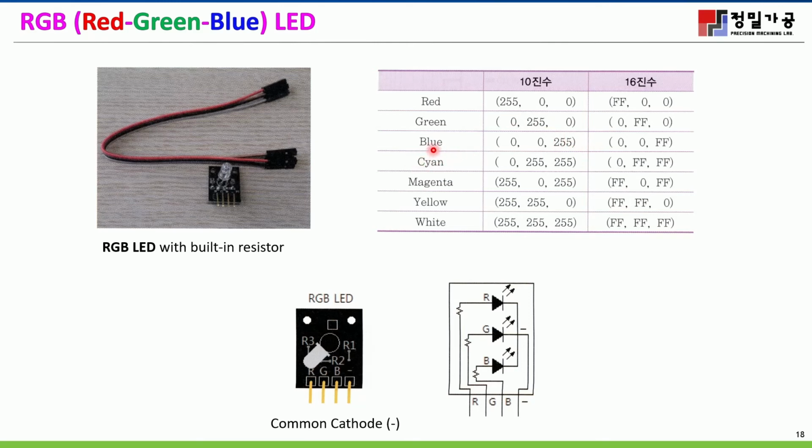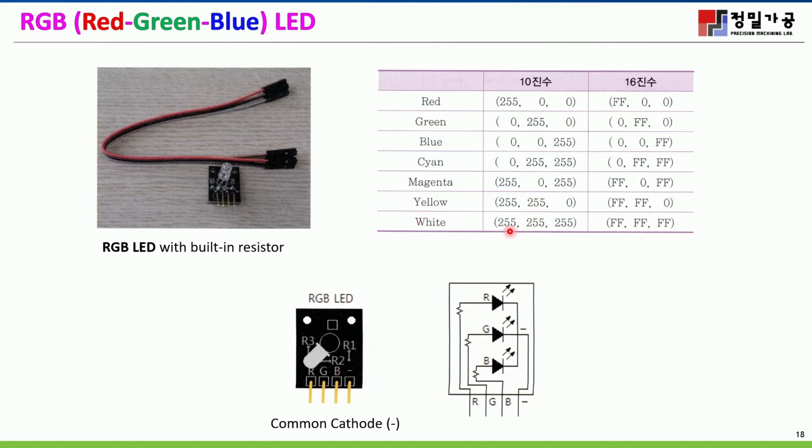For cyan, a combination of green and blue gives the new color cyan. Magenta is red with blue, and yellow is red with green.